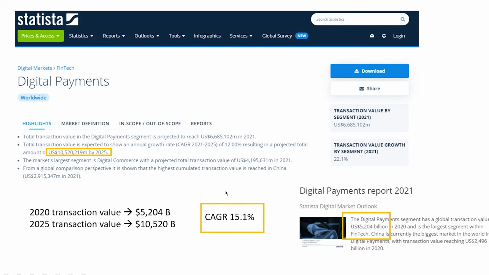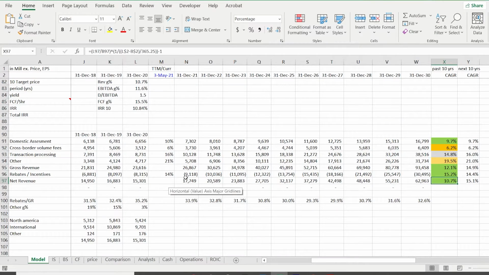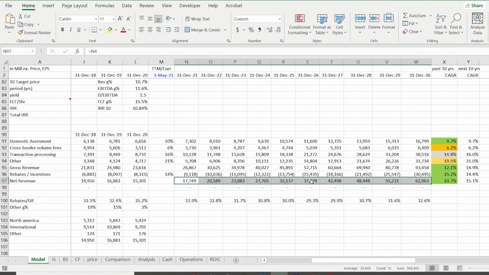So this is similar to what I am assuming that Mastercard is going to grow, especially because I don't think that they're going to gain any market share from other payment players, but everybody is going to gain market share from cash. So this is the way I come up with my assumptions of revenue.